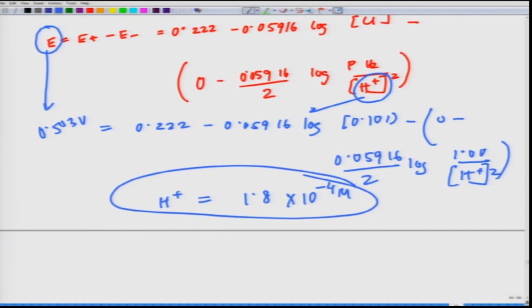You realize this in turn allows us to evaluate the equilibrium constant for the acid base reaction that comes to equilibrium in the left hand side.